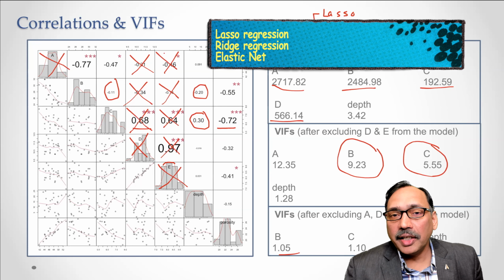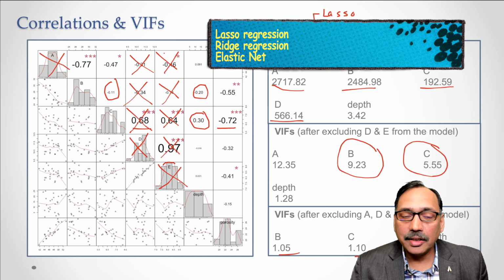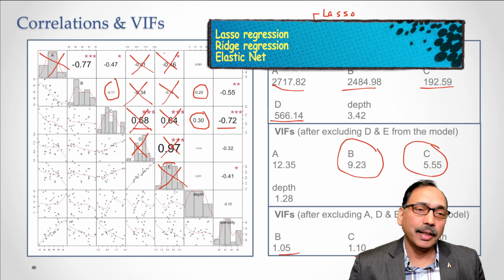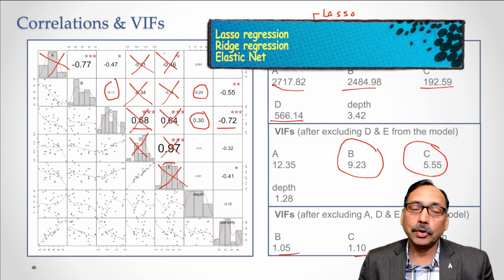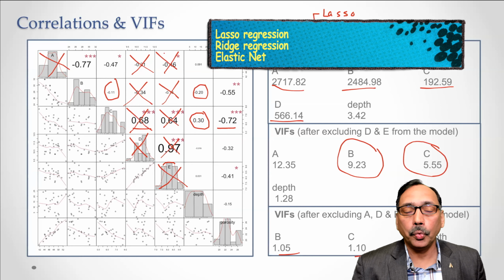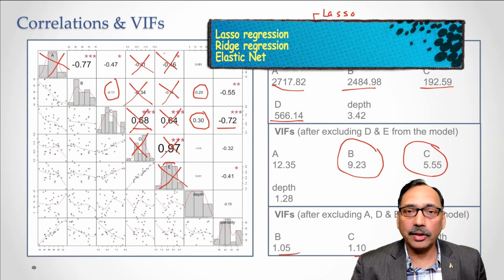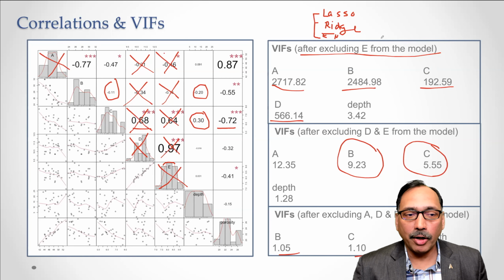So lasso, ridge and elastic net regressions, what they do is when you have a lot of independent variables and the possibility of multicollinearity is bound to be there, it uses some kind of regularization method which shrinks the coefficients based on the methodology and avoids situations where multicollinearity problem will be present.